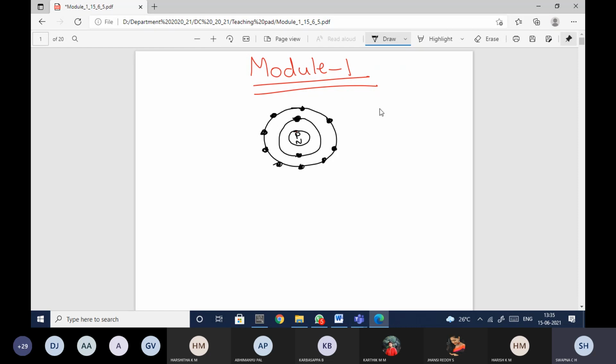Okay, so atomic weight, atomic number. Whatever we are discussing is useful for our analysis in the next topic, diodes and all.